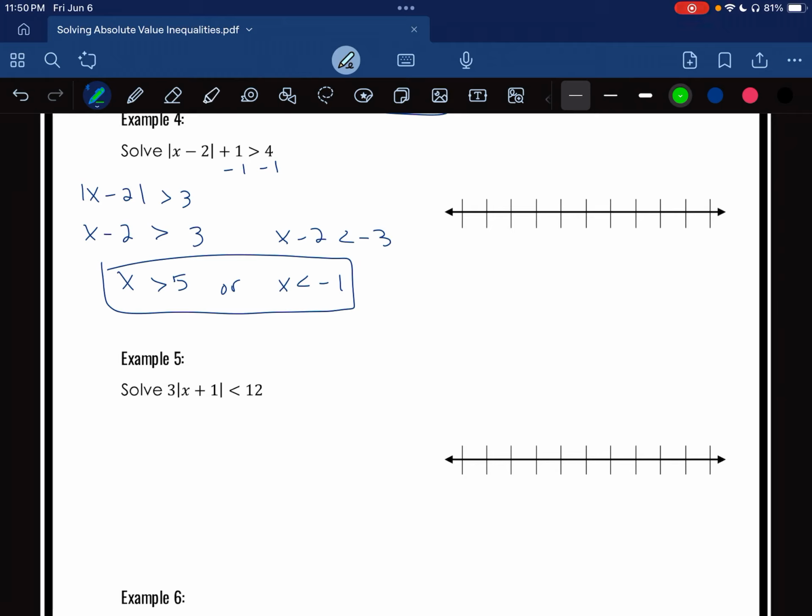And let's see, I'll start this at -3 so that we can see more of what's going on. Open circle at 5, open circle at -1, pointing away.